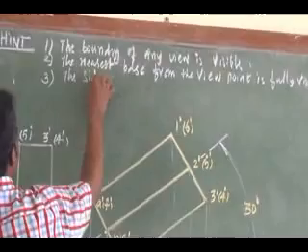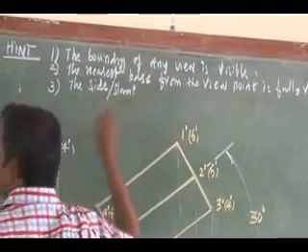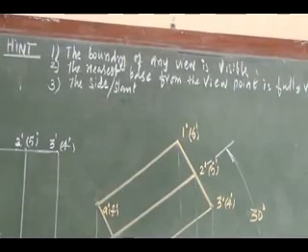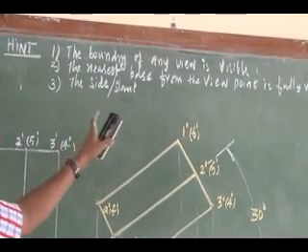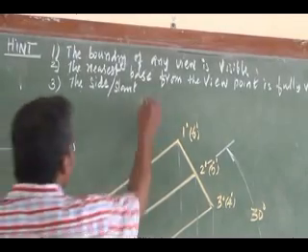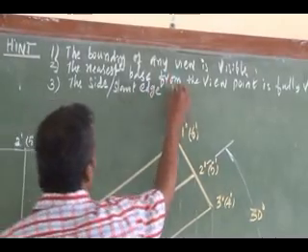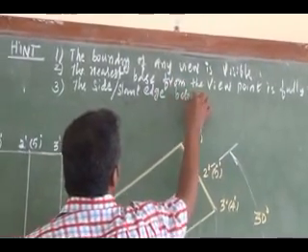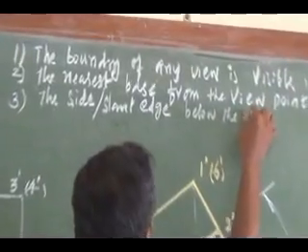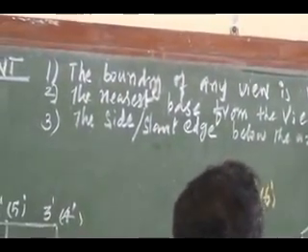Side edge is for a prism; if it is a pyramid problem, you will have slant edges. Side or slant edge below the reference line, below the axis, is hidden.